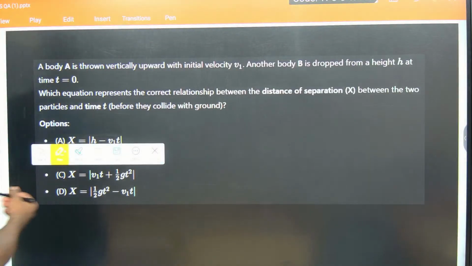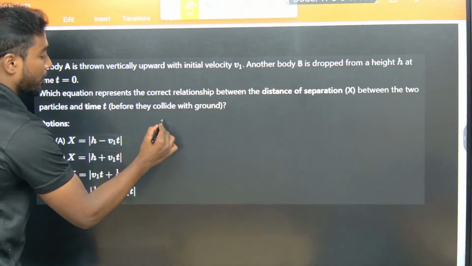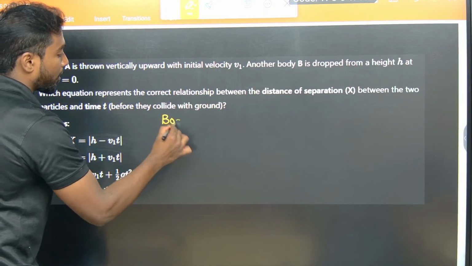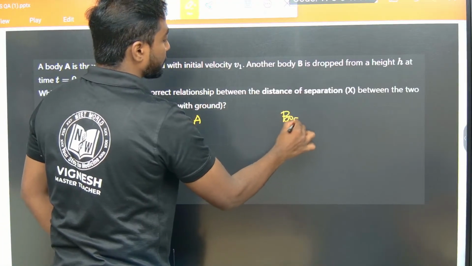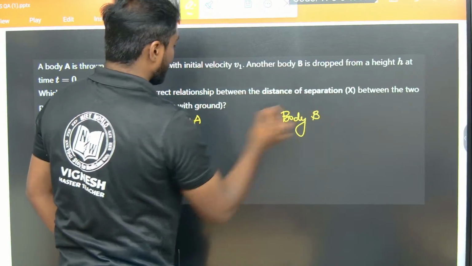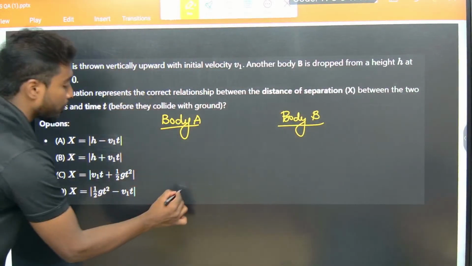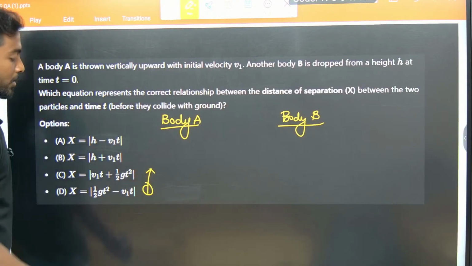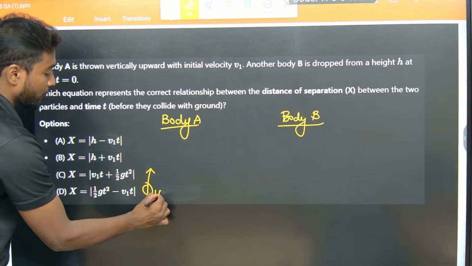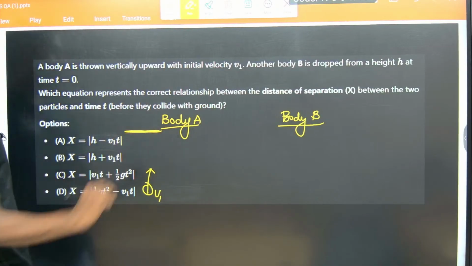I'll write body A and this is for body B. Body A is thrown vertically upward, so the initial velocity is v1. It will reach maximum height, let me consider.